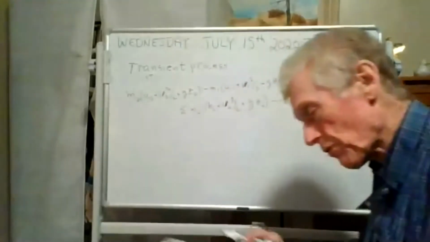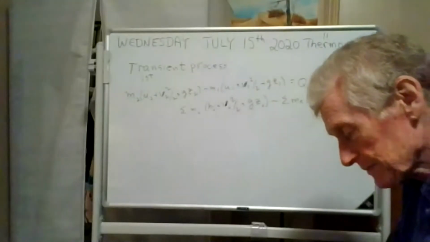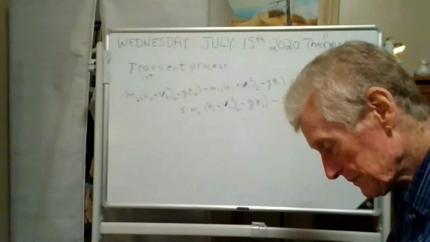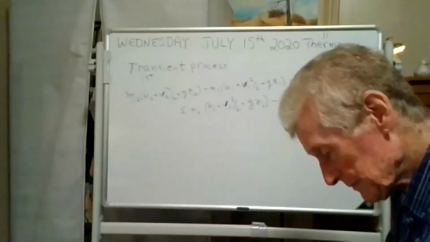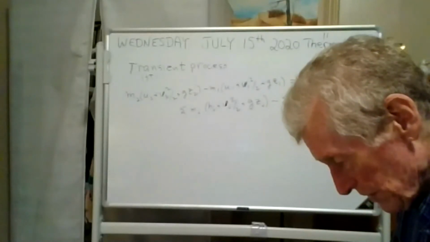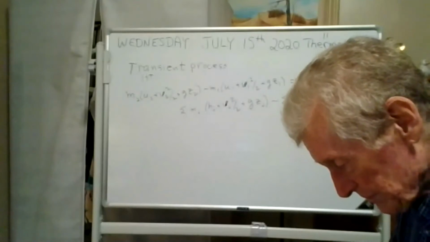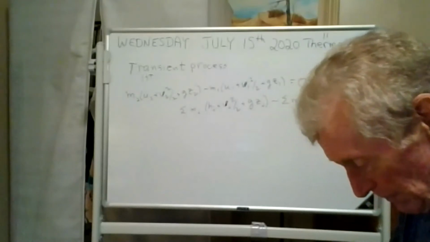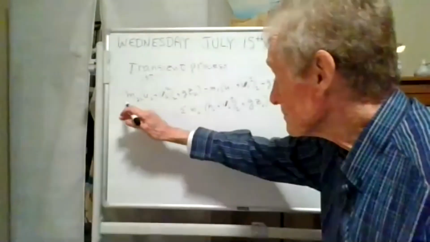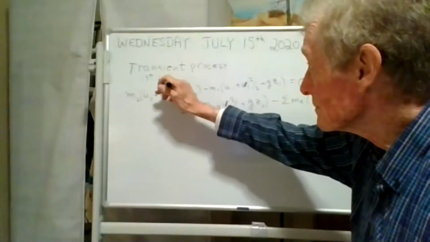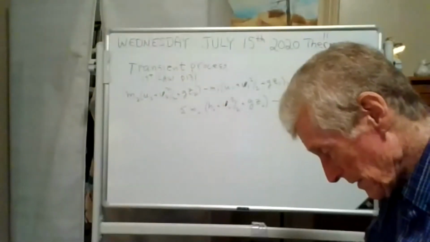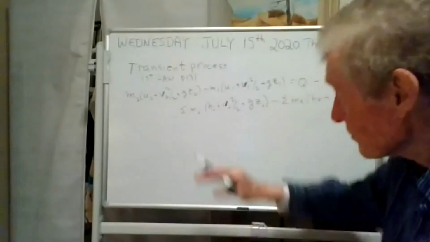It's in chapter 4, and it's called the transient process. Yeah, there we go. In my book, it's on page 131, and the actual equation's on page 132.